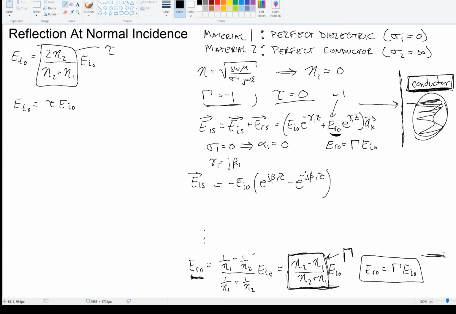And the reason I pulled a minus out is because I want you to recall, maybe from signals and systems, that the sine of beta 1z, I'm just writing this off to the side right now because it's just a mathematical thing that we remember. The sine is related to these exponentials, like this.